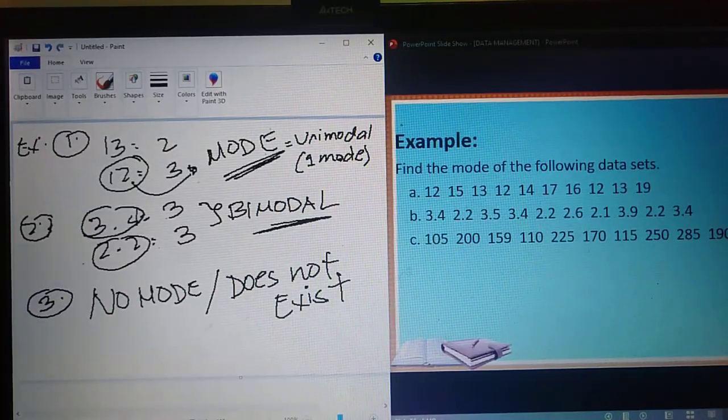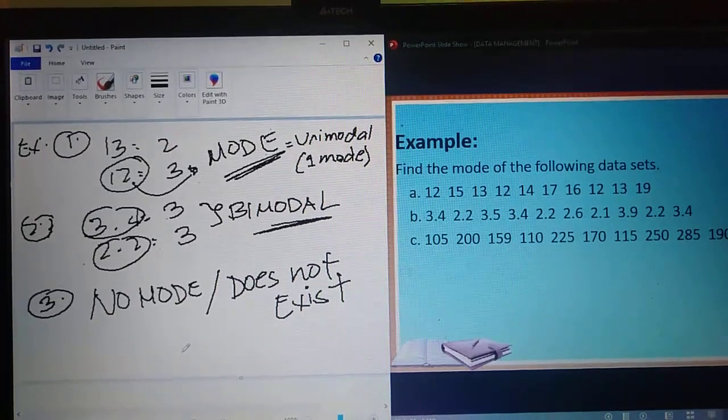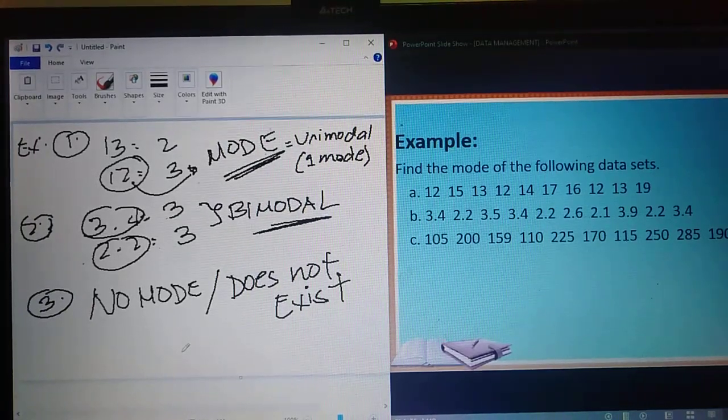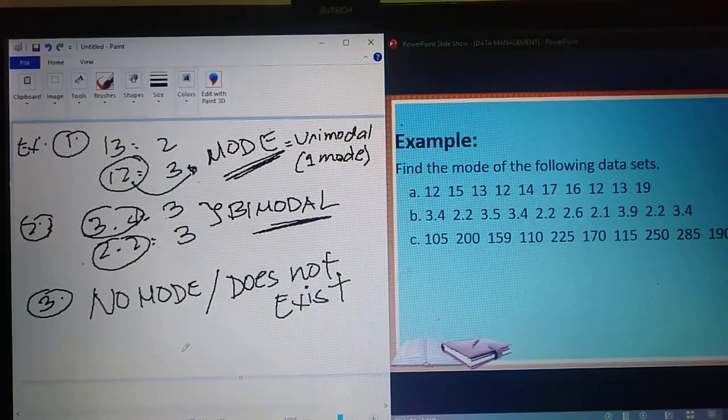Huwag mong ilagay na 0 ha. Don't input 0. Kasi 0 is a number. Okay? Meaning, naulit si 0. Hindi po. Pwede rin unknown siguro, pero no mode, mas better, no mode or does not exist lang nilagay natin. So that is the process on how to compute the mean, the median, and the mode for ungrouped data.